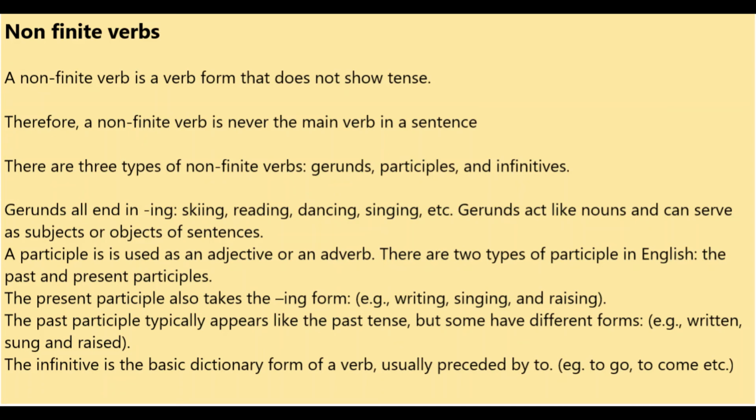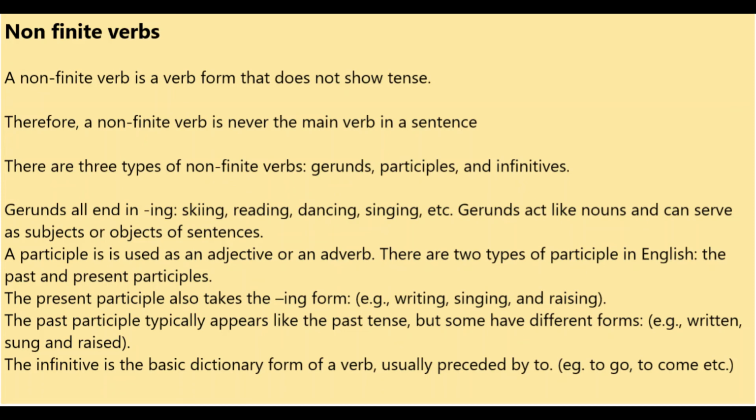Now a participle is used as an adjective. Sometimes a non-finite verb can be an adjective or adverb. There is the present participle, ing, and the past participle form, like singing, raising.